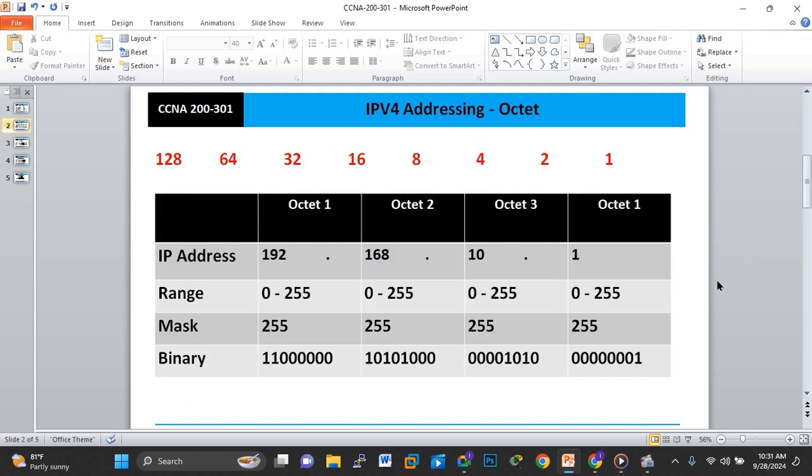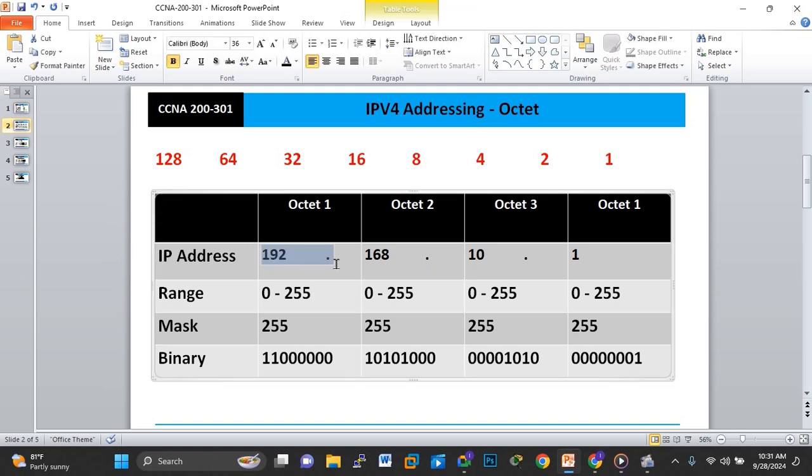Now, you need to understand when we talk of an octet. In a normal form, example here, this 192.168.10.1 you are seeing, these numbers we call octets.